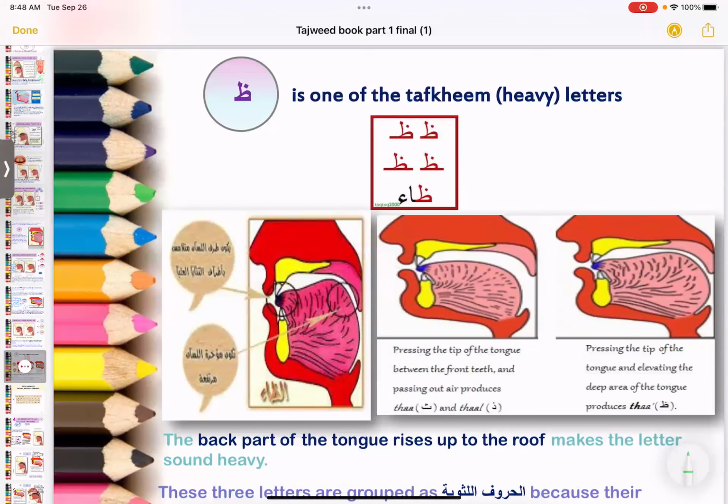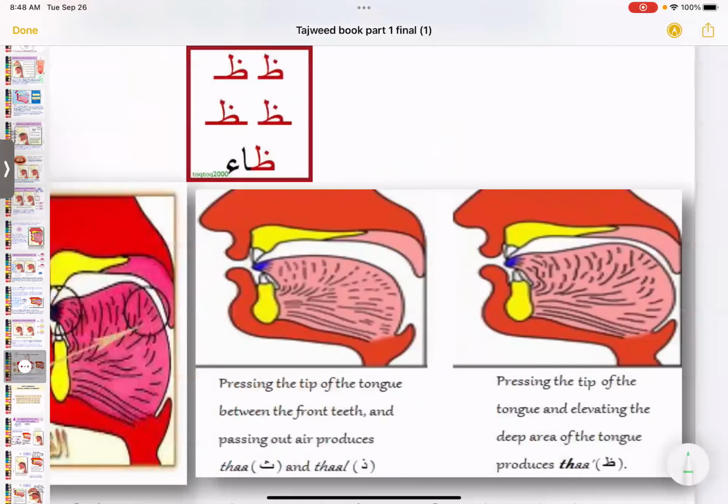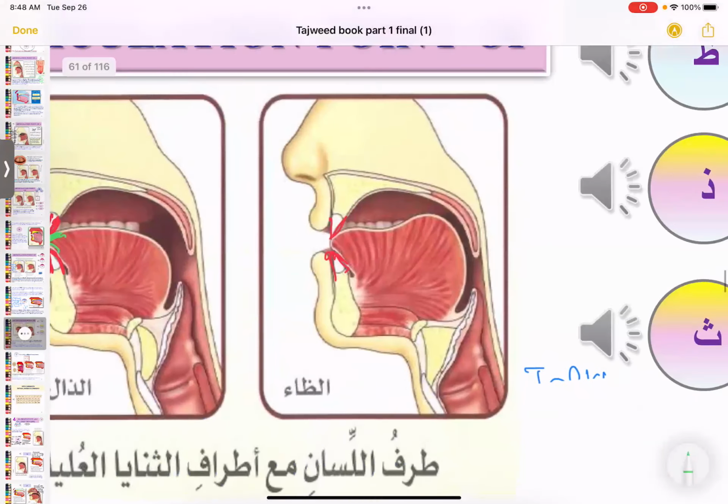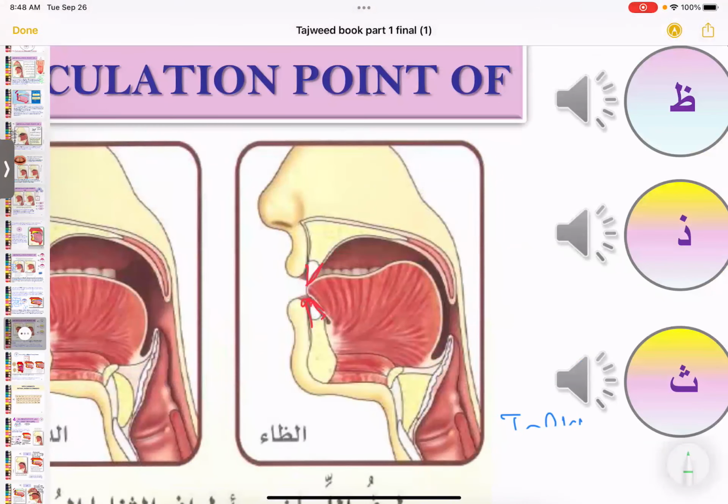We know that the letter Dod, let's look at it over here. The letter Dod has the back of the tongue raised, because if you remember, Dod is a letter of isti'ala or tafkhim. So what happens in Dod? The back of the tongue is raised up.